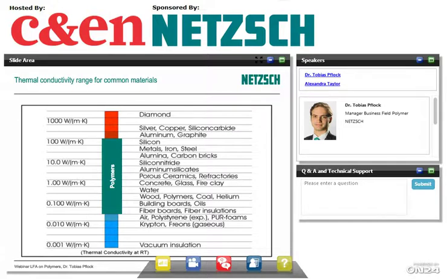And you can see that polymers are used in a very wide range already. They can go up to the conductivity of pure metal as well, if we can adjust them by filler, which I will talk about later. But also, of course, polymers are used for insulation materials, such as insulating polystyrene foams. So with polymers, we can span the whole range of thermal conductivity.